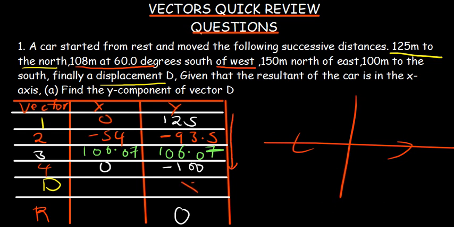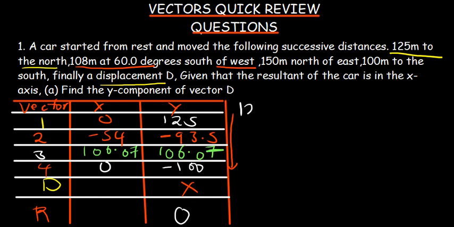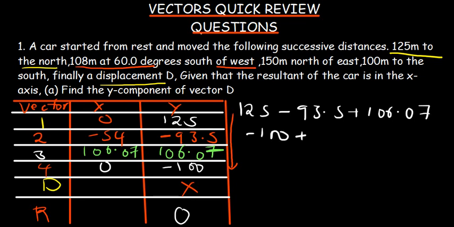So you add a variable there to denote your d. Okay. So what do we have? We have 125 plus negative 93.5 plus 106.07 plus negative 100 plus x should be equal to 0.